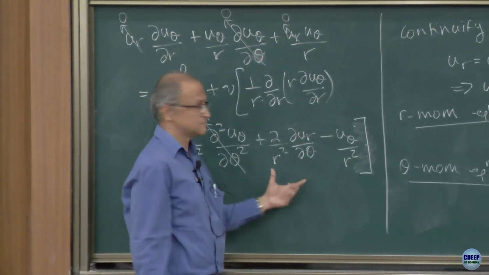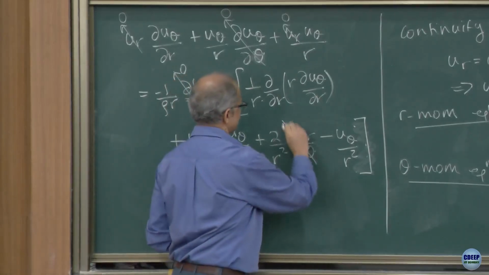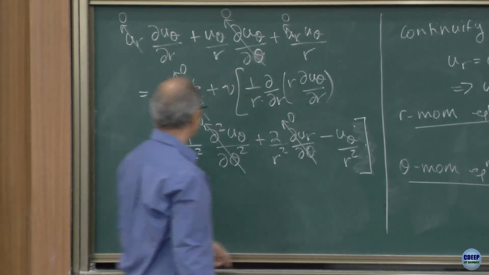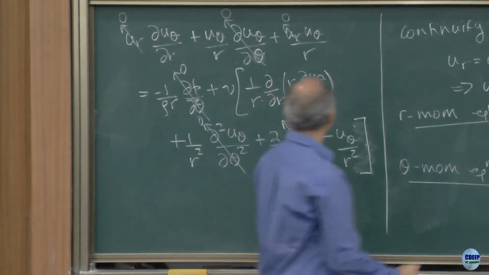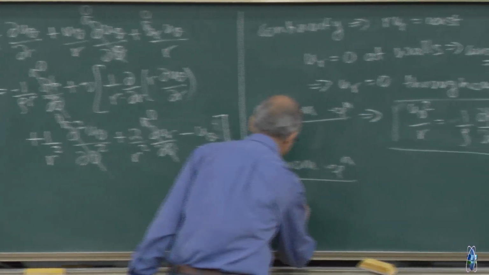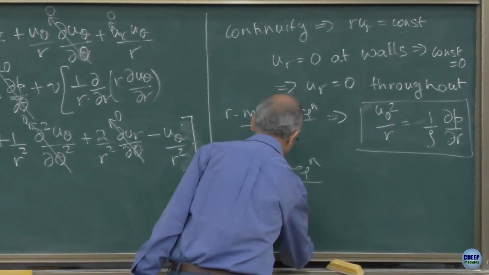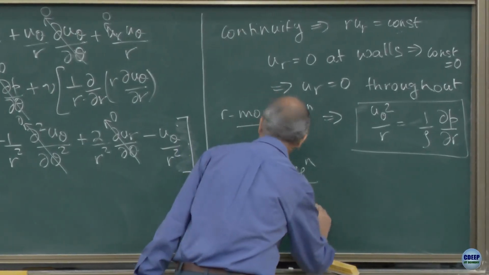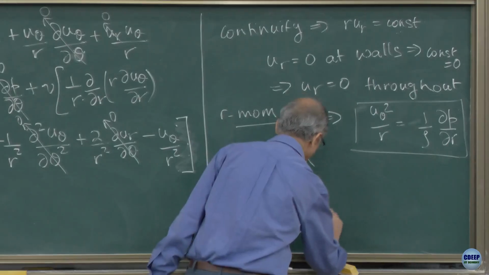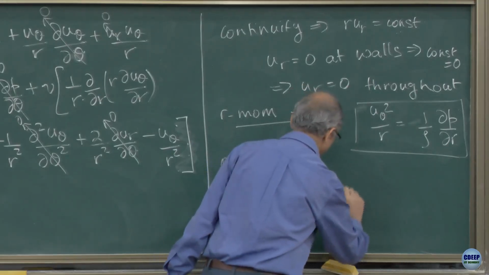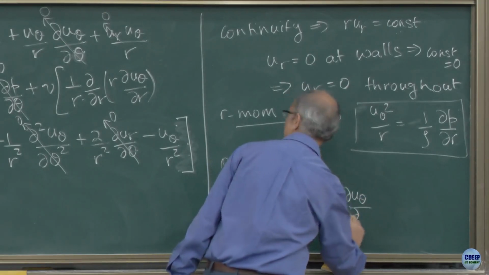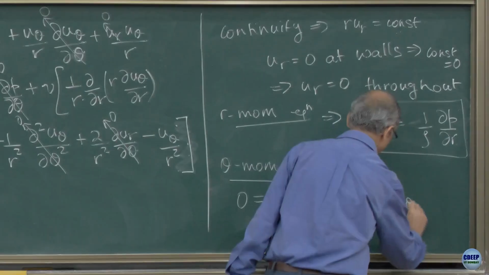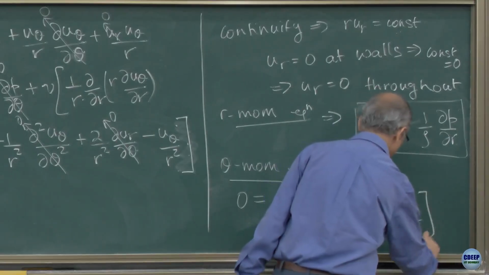This term 0, axis symmetry. This term non-zero. So the theta momentum equation reduces to: left hand side is 0, right hand side is nu times 1 upon r times d by dr of (r du_theta/dr) minus u_theta over r squared.